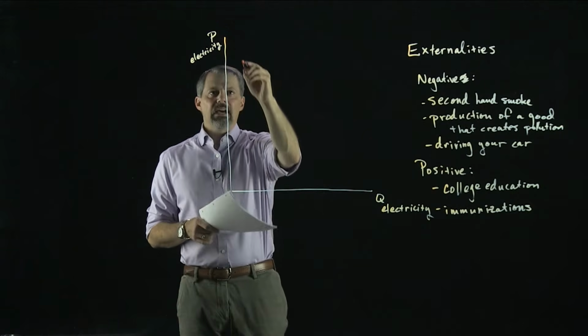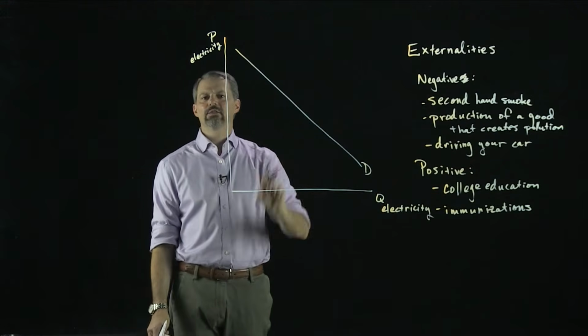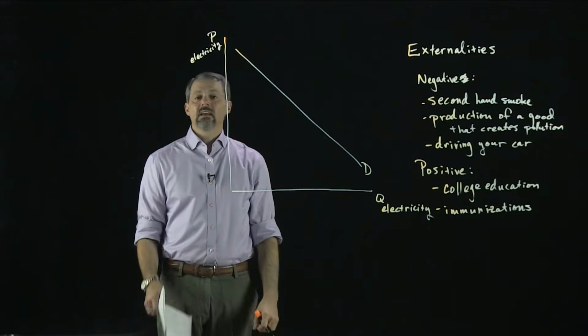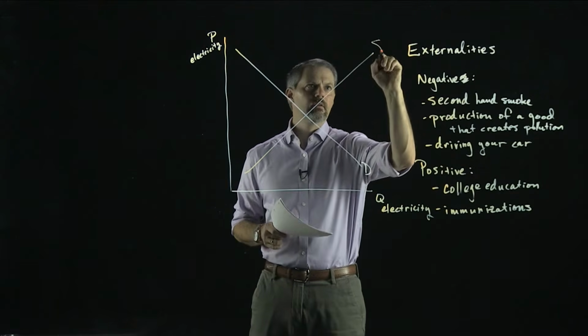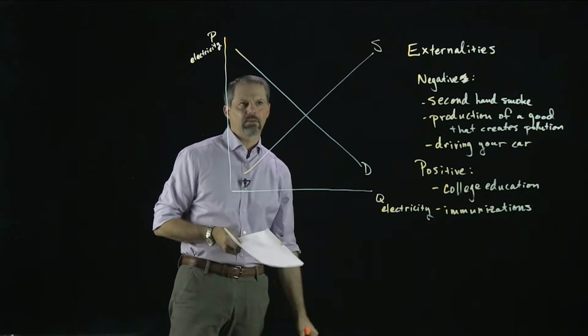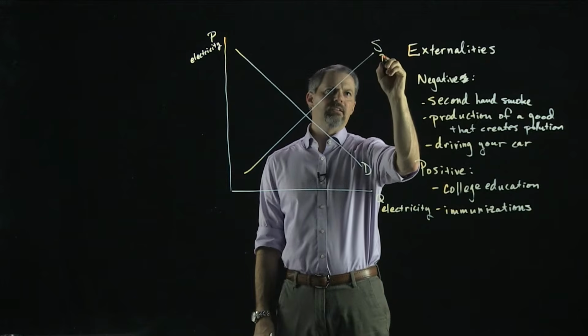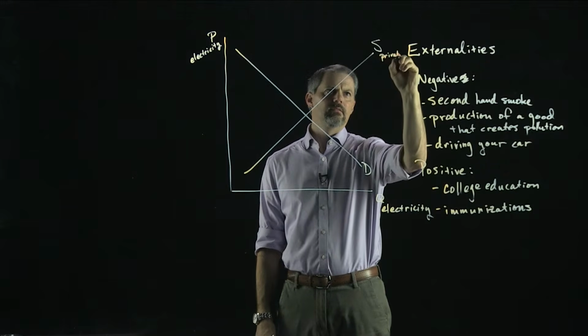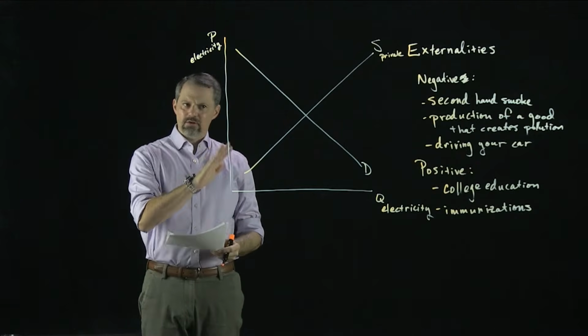Now we've got some demand curve, a market demand curve. All of us have some demand for electricity. And then there's going to be a supply curve. I'm going to label this supply curve, call this private. Remember, that's a marginal cost curve.